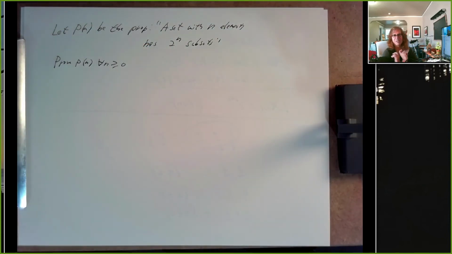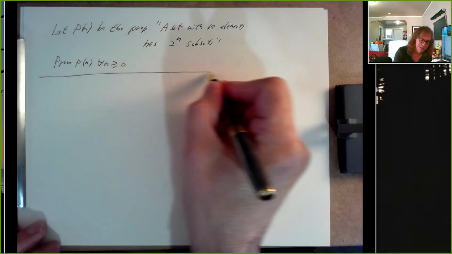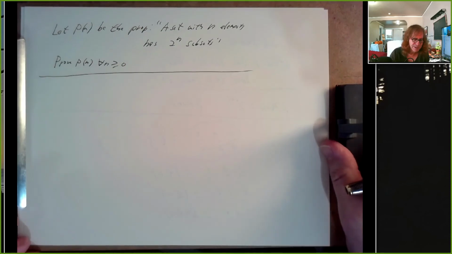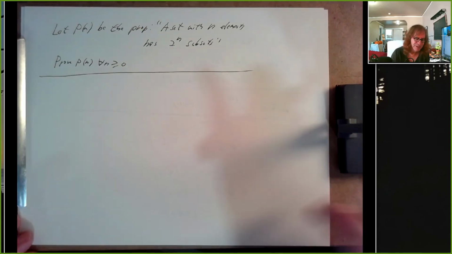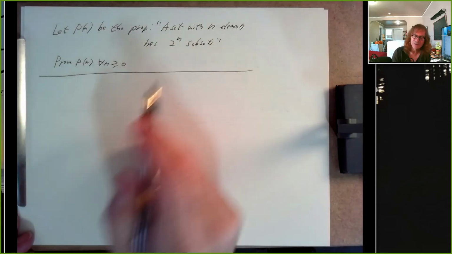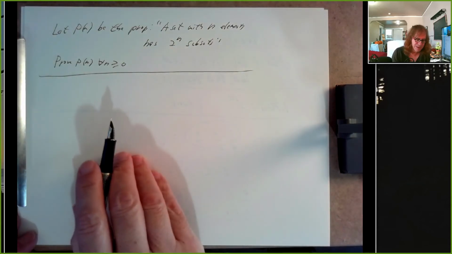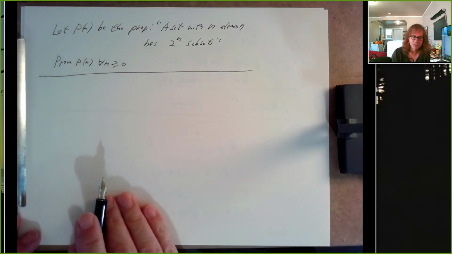Now a set always has an integer number of elements, and since we're only dealing with finite sets, the number of elements n is always an integer, and it's obviously bigger than or equal to 0. It could be 0 for the empty set. So this is our statement of our quest in terms of propositions. P of n is the proposition that a set with n elements has 2 to the n subsets, and we want to prove P of n for all n bigger than or equal to 0.